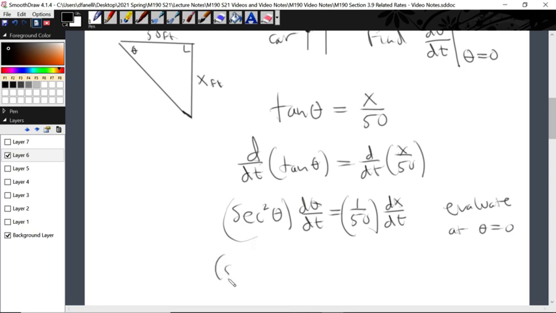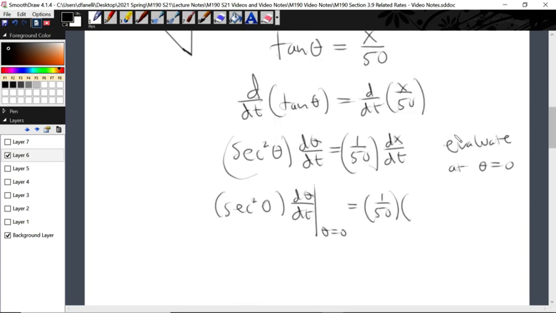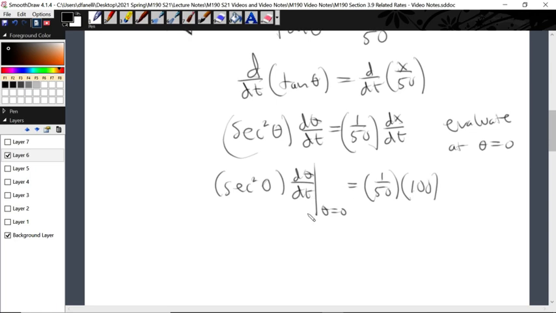So we get the secant squared of 0 times d theta dt, evaluated when theta is equal to 0, equals 1 over 50 times dx dt at theta equal to 0, but dx dt was constant at 100 feet per second. So this is 100.